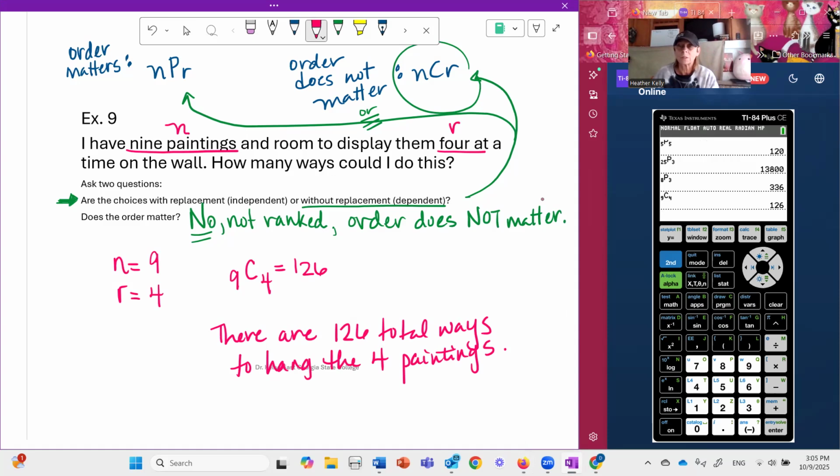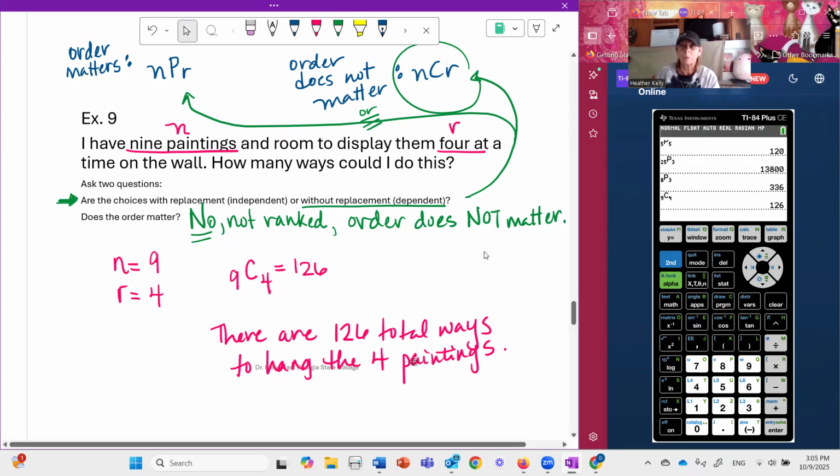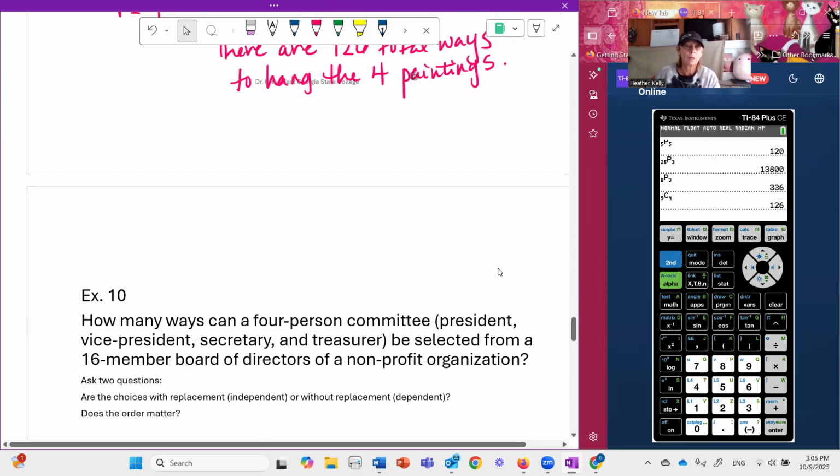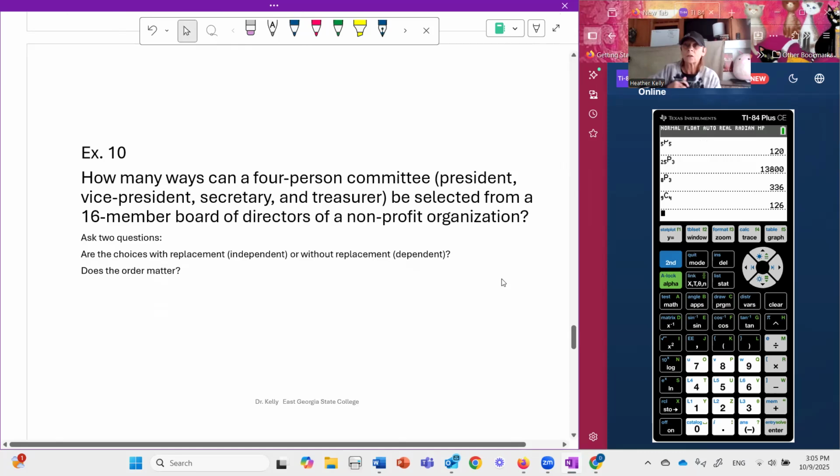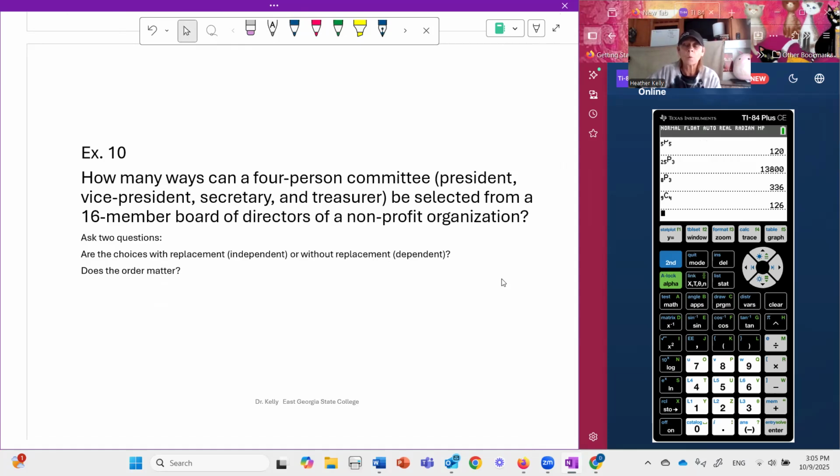Which I still find just incredible that there's that many ways, but there are. Okay. So let's take a look at this next question. Our next question says, how many ways can a 4-person committee, president, vice president, secretary, and treasurer, be selected from a 16-member board of directors of a nonprofit organization?